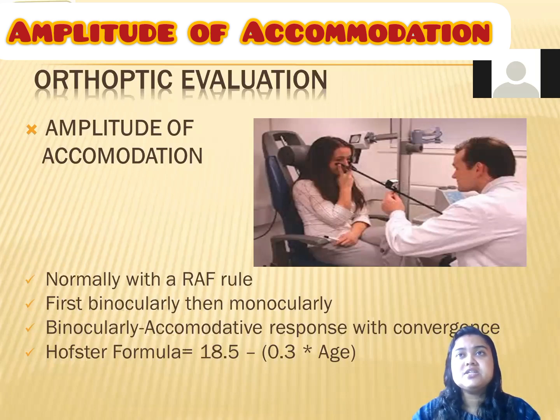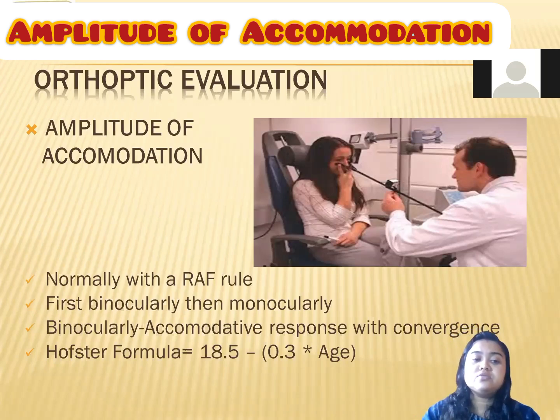If the age of the patient is 15 years, what should the correct amplitude of accommodation be? To calculate that, there is one formula called Hofstetter's formula. Hofstetter's formula is 18.5 minus 0.3 into age, right?